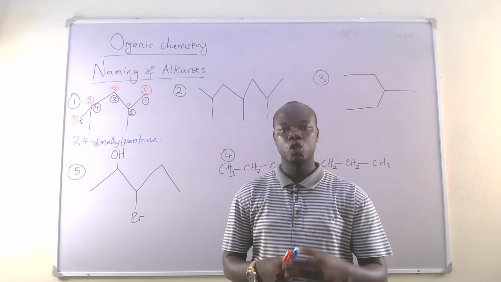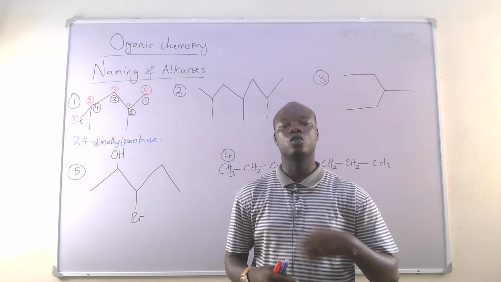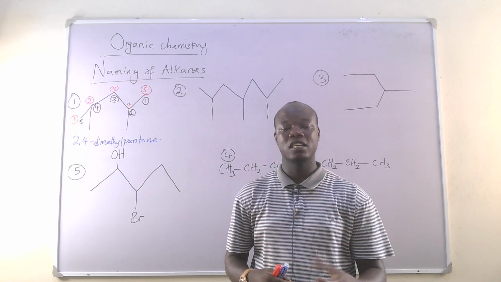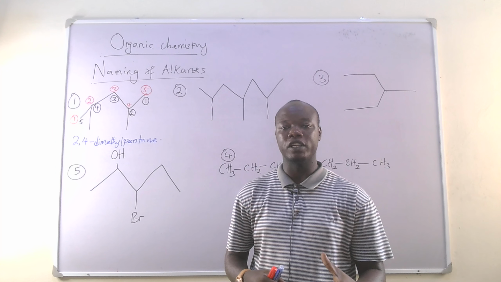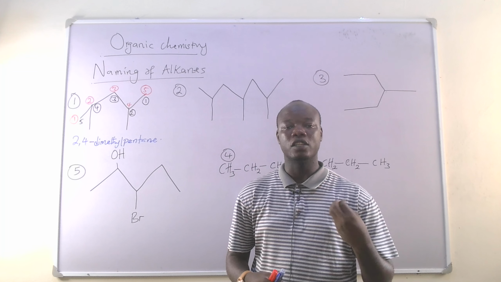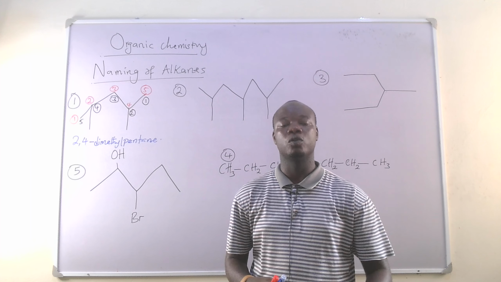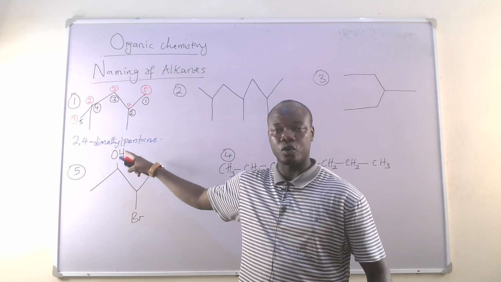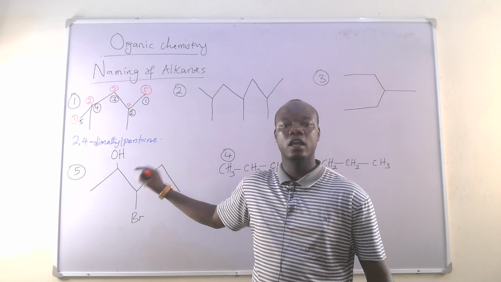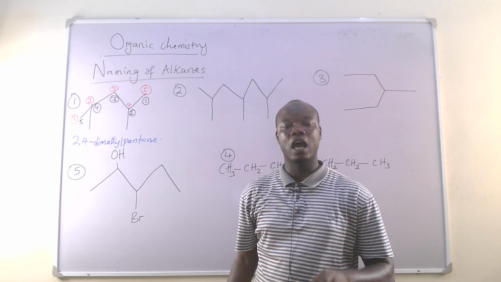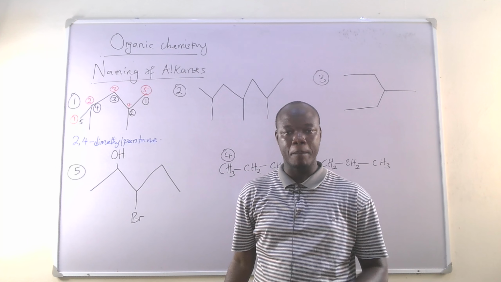If you sum them, 2 plus 4 gives us 6. So at this point, either one you take is correct. The name of this compound is 2,4 dimethyl pentane.